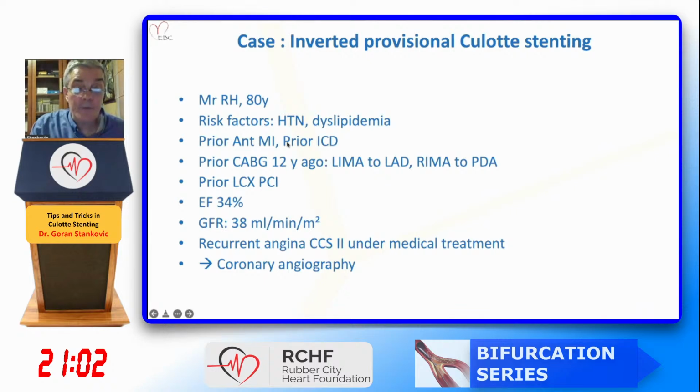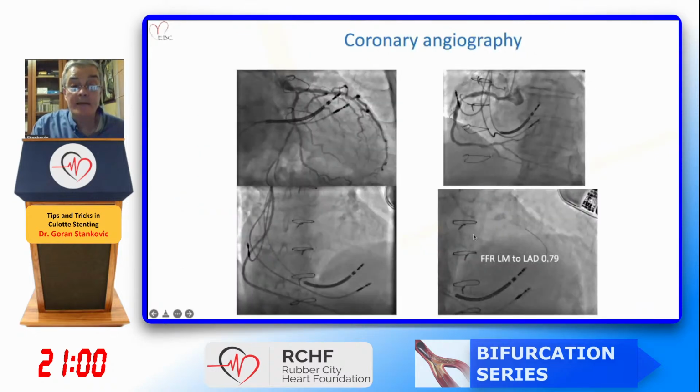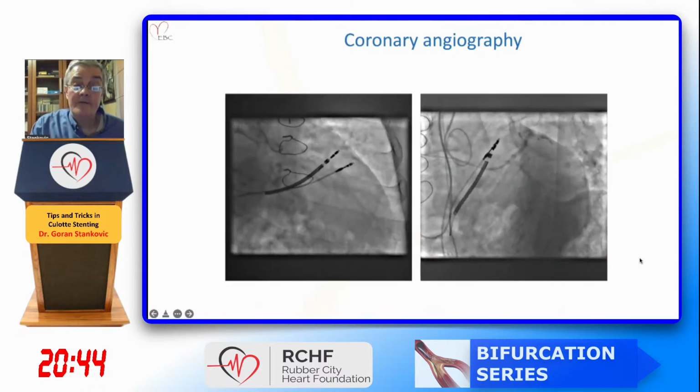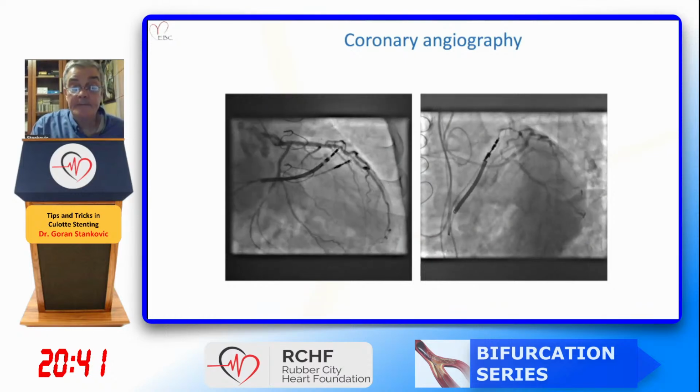I should also say a prior ICD was implanted. These are still frames showing short but significant 1-1-1 disease in the distal left main, and functional significance was also measured, and the LAD showed an FFR of 0.79.